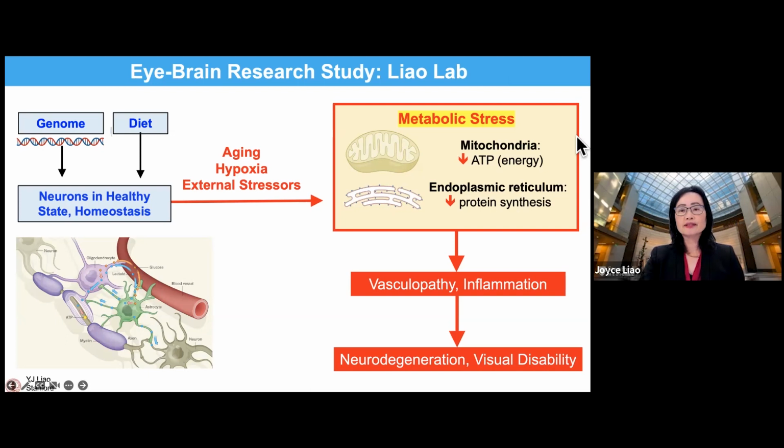That leads to a decrease in the energy that's generated by a structure called the mitochondria. And some of this stress is manifested by a decrease in protein synthesis. So overall together, that leads to a vascular abnormality and sometimes inflammatory phenomena. Together, they lead to neurodegeneration and vision disability.